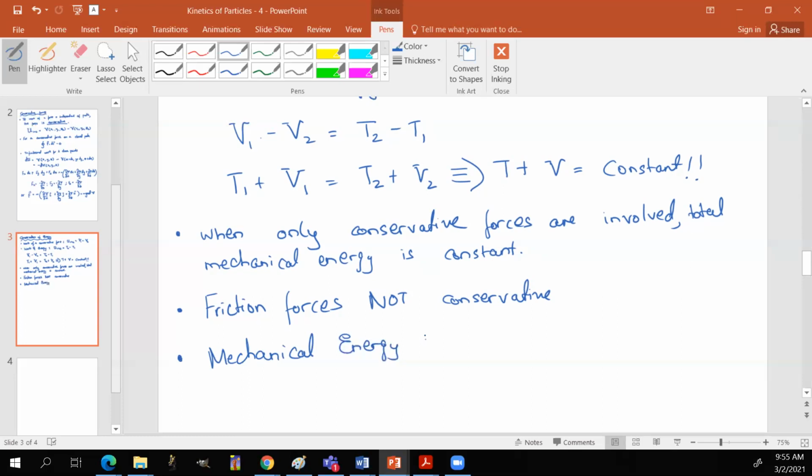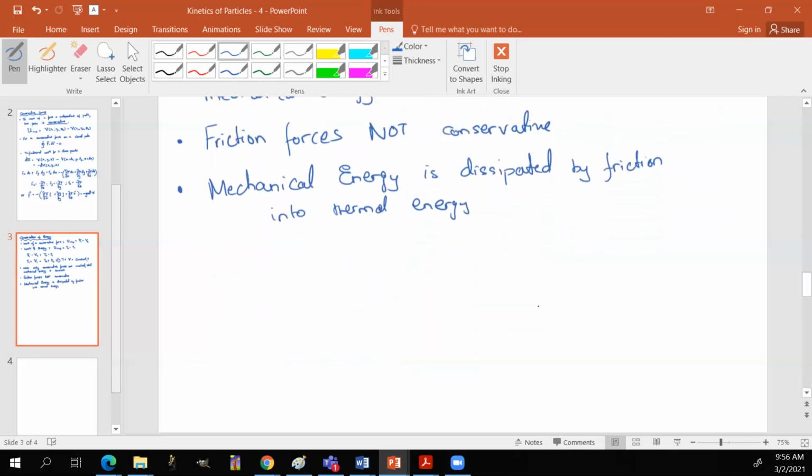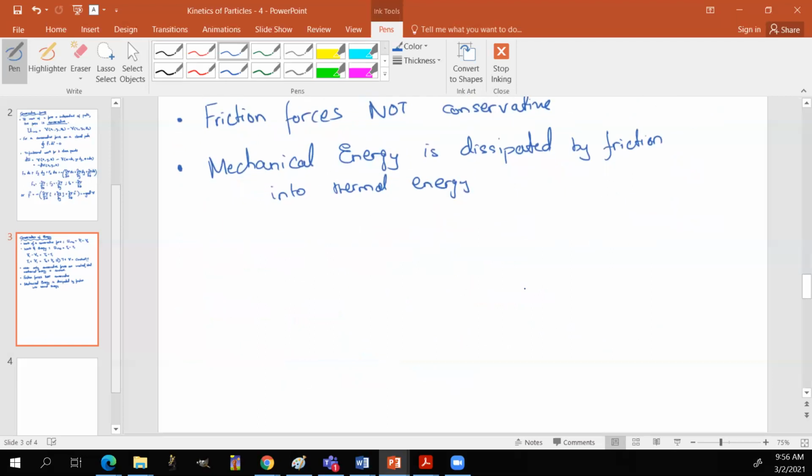So mechanical energy is dissipated by friction into heat, or what we call thermal energy. And it's very interesting, you see this in large scale dynamics, but you also see this happening in material science when you're looking at strain energy and the changes of atom positions and things like that. Anyways, all right.